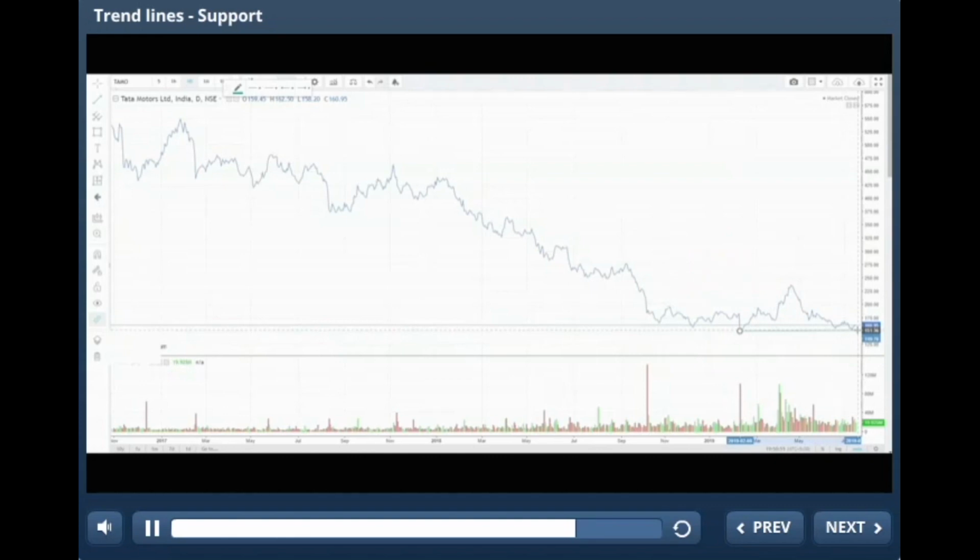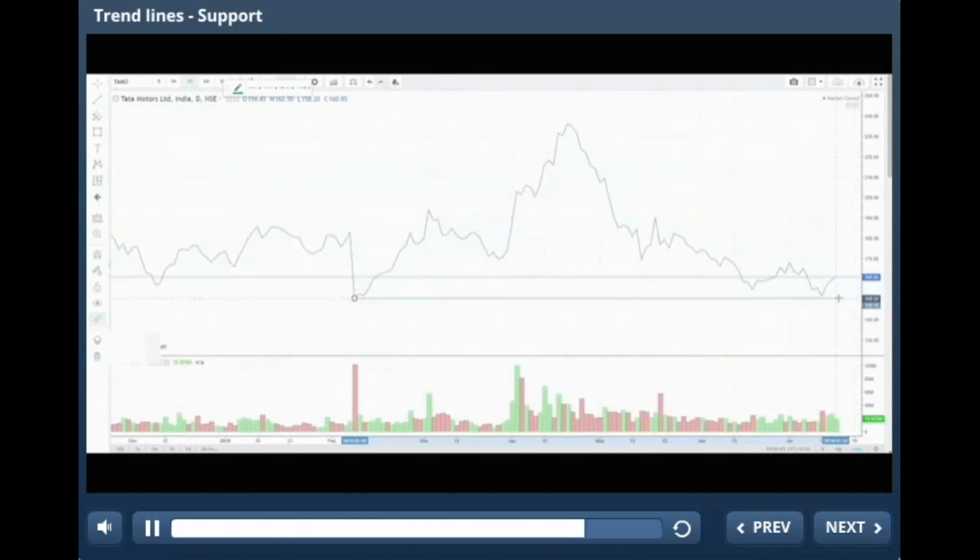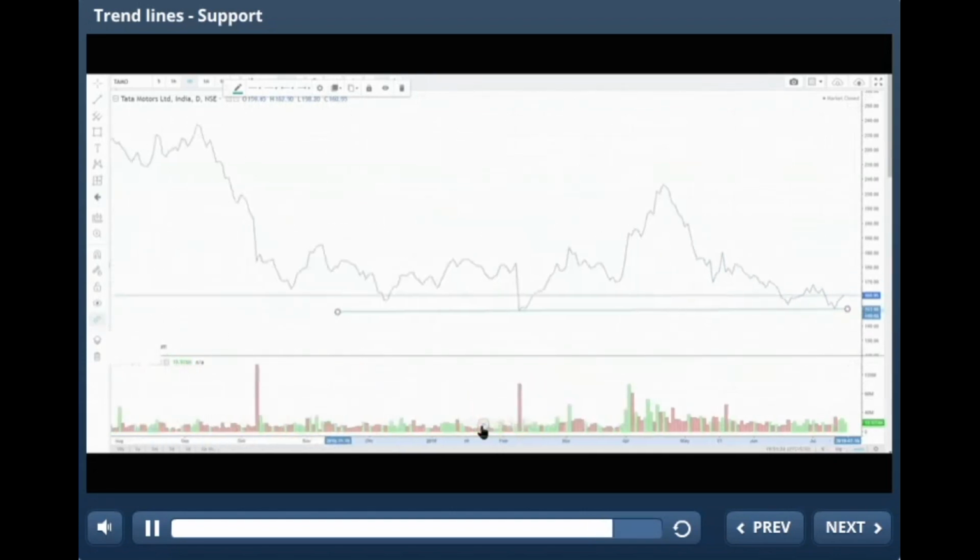The recent bounce back from a region between 130 to 150 is the historical congestion zone and the neckline support region. We will learn about necklines later.